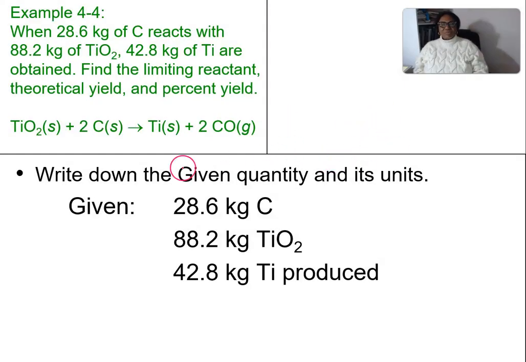We saw the equation. So what is given? The given quantities are 28.6 kilograms of carbon, 88.2 kilograms of titanium 4 oxide, and 42.8 kilograms as the product. That's what we actually got.